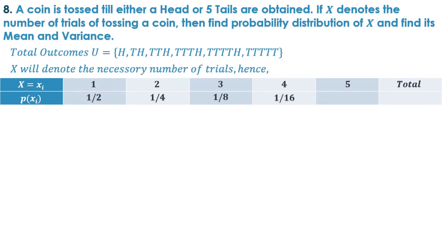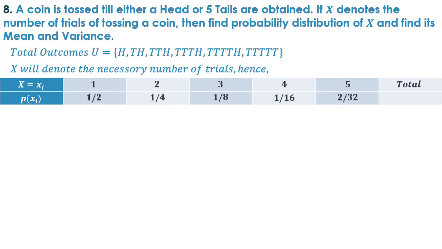Next 5 times, 2 raised to 5 is 32, but right now I have 2 outcomes where I am tossing coin for the 5 times, TTTTH and TTTTT. So that means I am going to write it as 2 upon 32. Okay, I can't write 1 upon 32 because it has been repeated twice. The 5 coins are there 2 times and total outcomes are 32. So 2 outcomes out of the 32 outcomes makes it 2 upon 32.